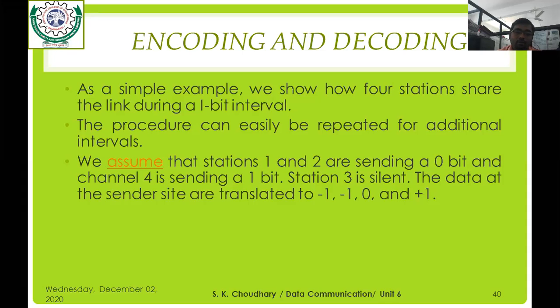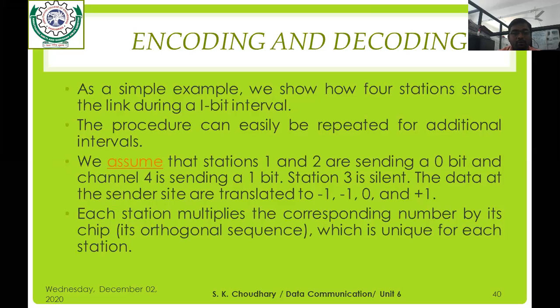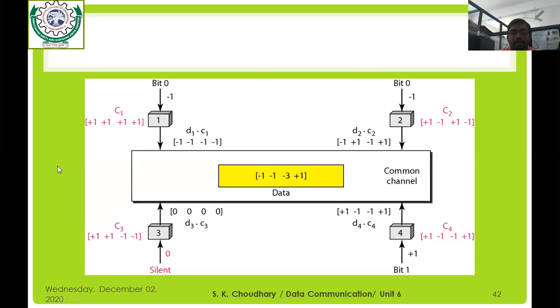So the data at the sender site are translated to -1, -1, 0 and +1. -1 and -1 are for stations 1 and 2, 0 is for station 3, and +1 is for station 4, as you can observe from this diagram.